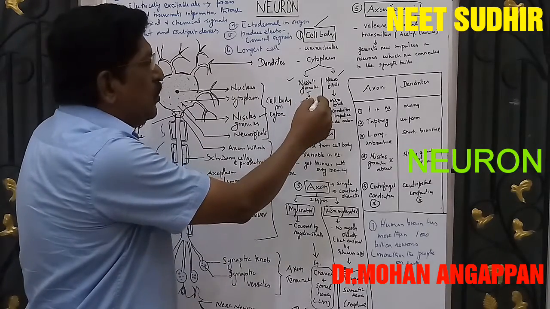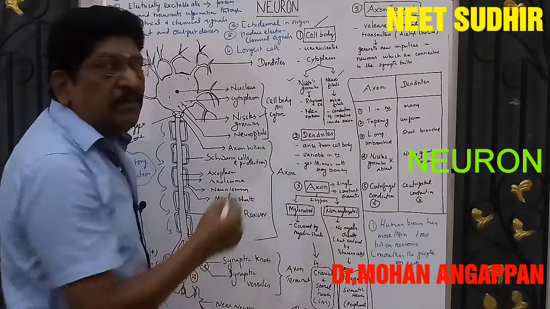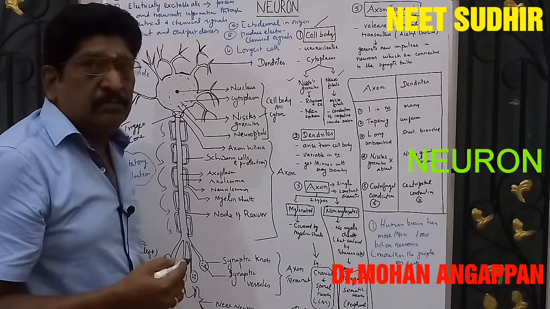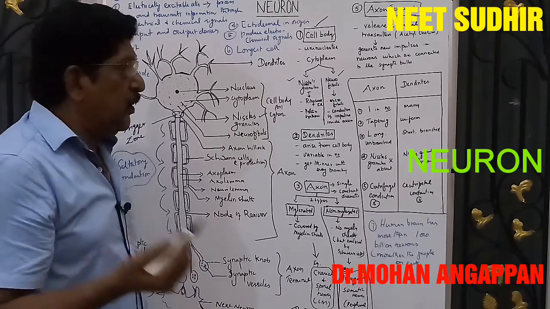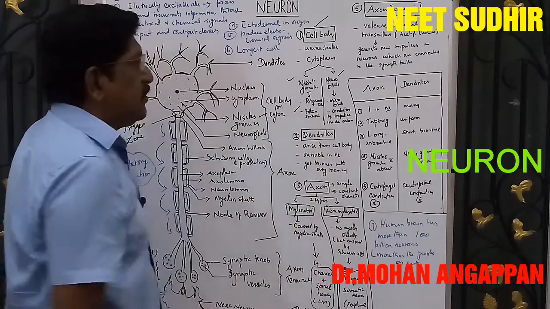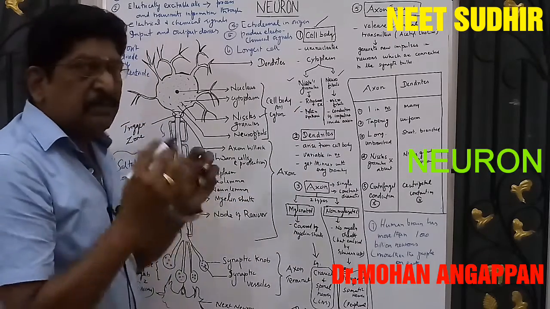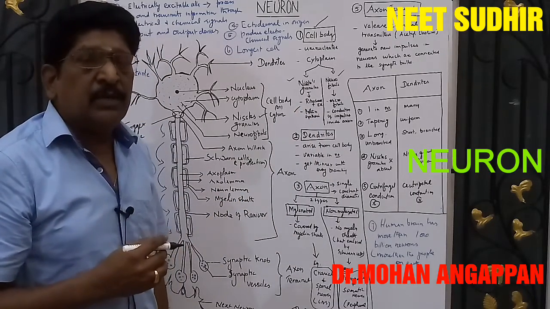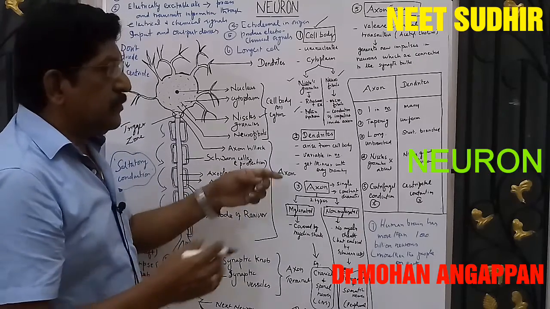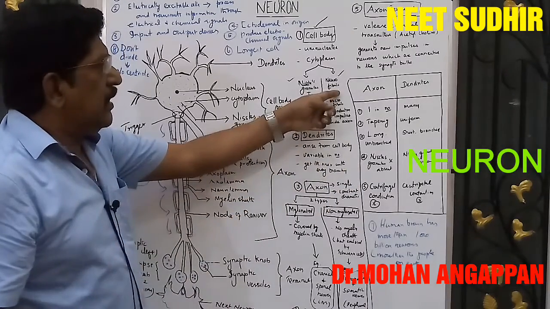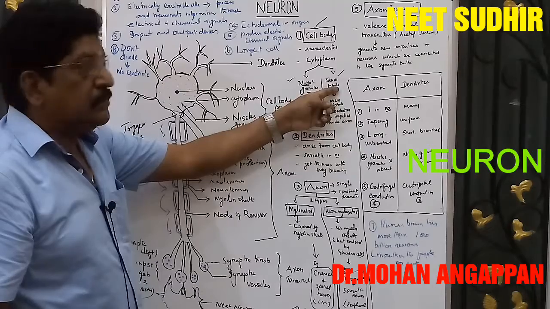Nissl granules contain ribosomes plus endoplasmic reticulum. So what is the main function? Naturally, protein synthesis. So Nissl granules contain ribosomes with endoplasmic reticulum, so they are involved in protein synthesis. Then neurofibrils.